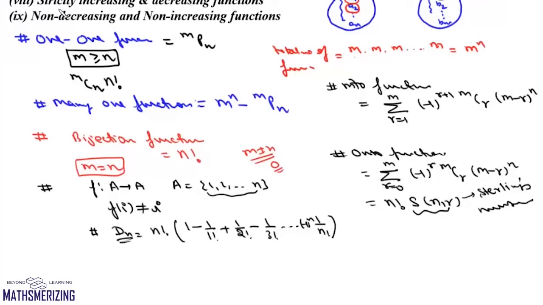Now we'll come to the number of strictly increasing and strictly decreasing functions.